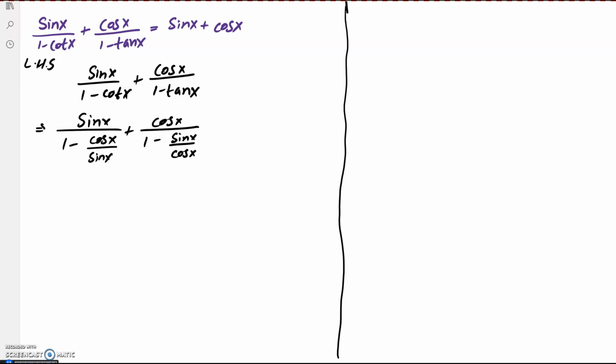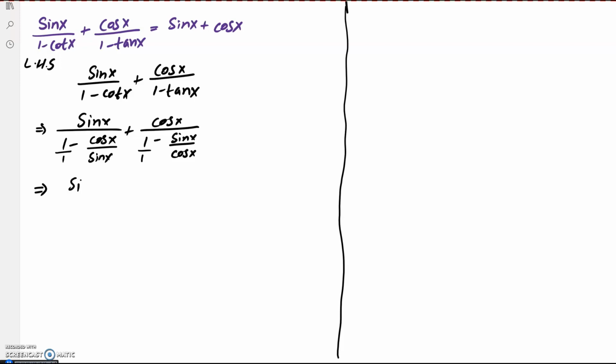Now look, in this step, in the denominator we have two different fractions. So we will try to make the same denominator for those fractions. Just imagine here we have 1 over 1 and here again we have 1 over 1.